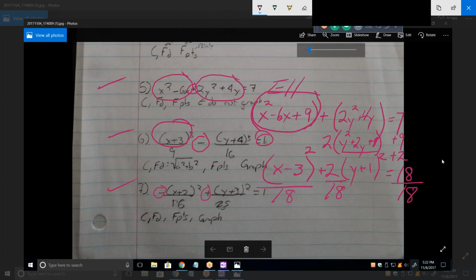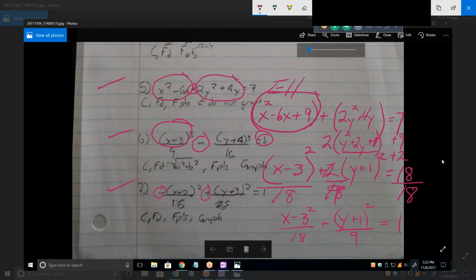Okay, so here's now what we have. We have (x minus 3) squared over 18 plus, that becomes a 1/9. So we have (y plus 1) squared over 9 equals 1.